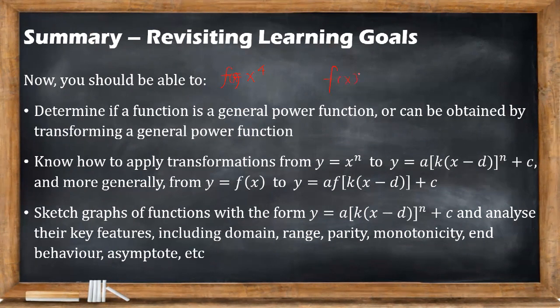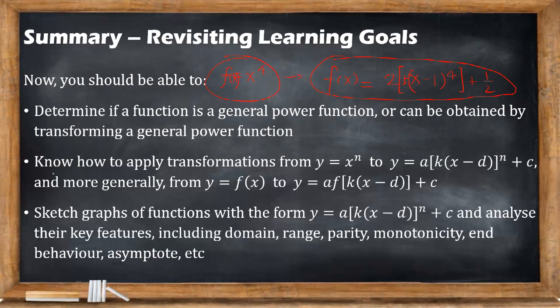And then if I give you a new function, for example, this one, you should be able to determine that this function can be obtained by transforming the general power function here, right?